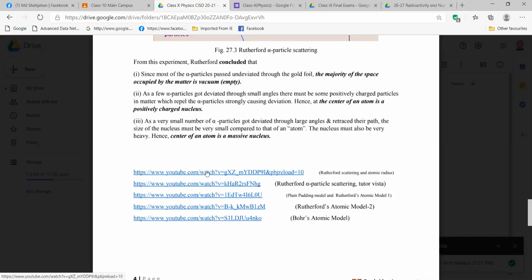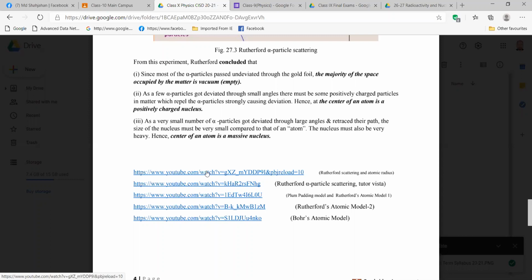As a few particles got deviated through small angles, there must be some positively charged particles in matter which repel the alpha particle strongly, causing deviation. Hence, at the center of an atom is a positively charged nucleus.